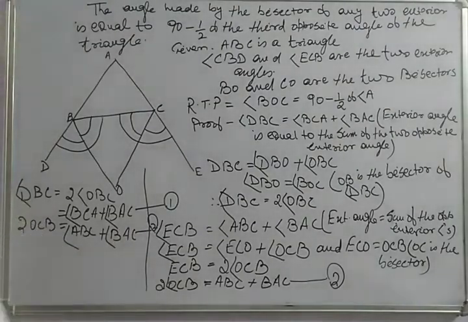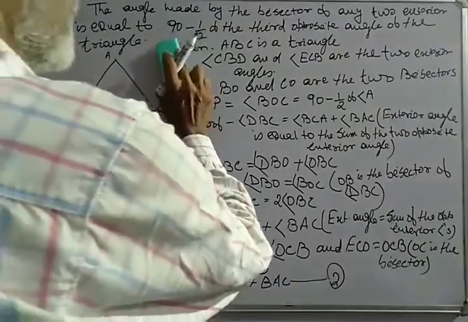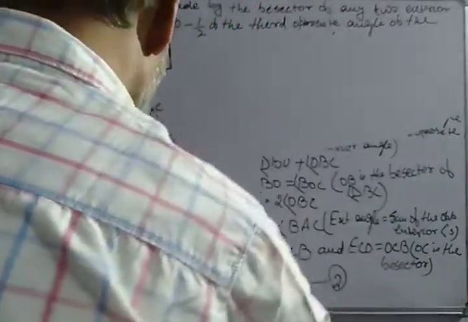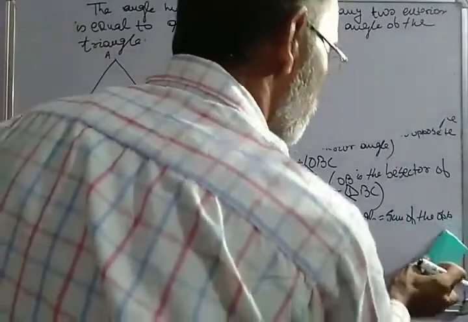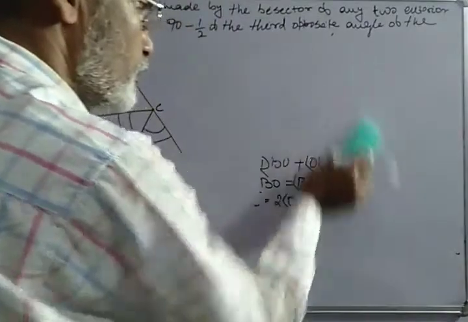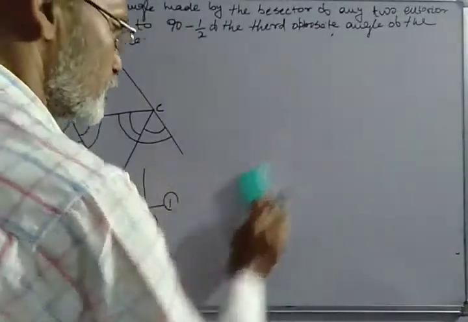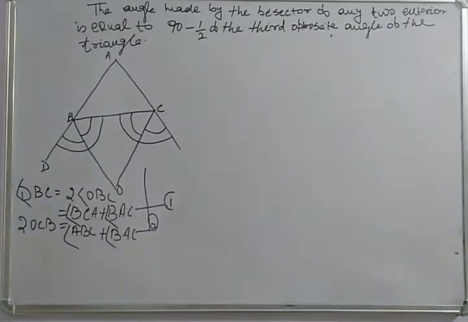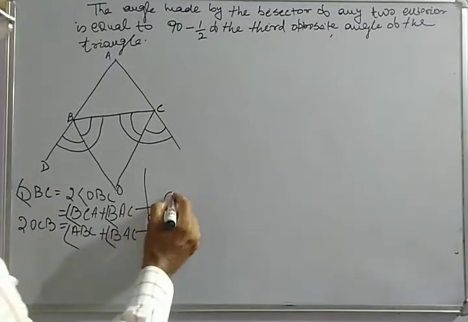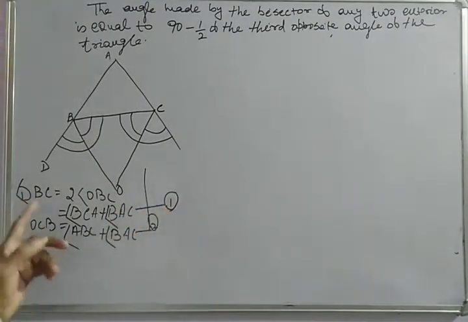Now I am showing you how I am going to prove it. I am rubbing this one because I don't have any space on the board. So this one is equation number 1, and number 2 I have written here.